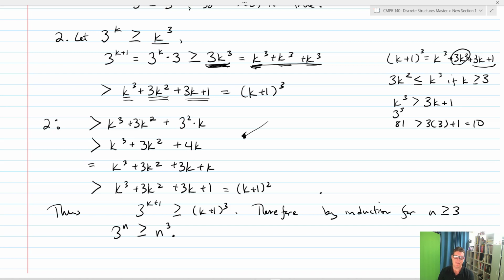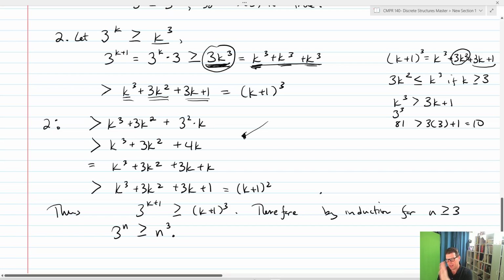In this case, when we broke it up term by term, each value was less than the original value that we were looking at. So I hope this helps to spark some ideas as you're working through your induction.